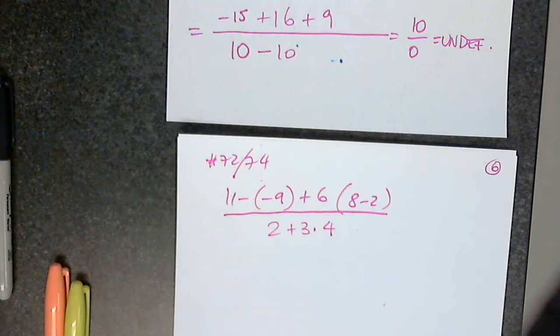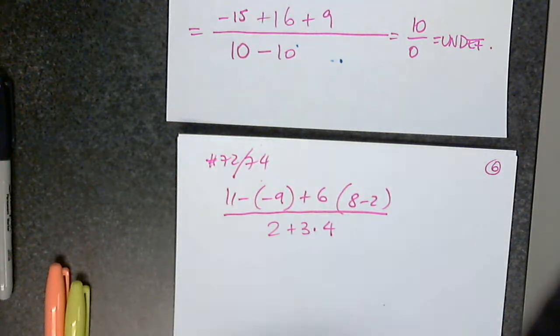Good. So the opposite of -9 is 9. 11 plus 9, so it's 20. And yeah, the rest is good.